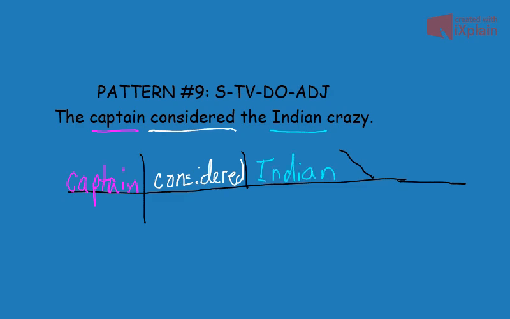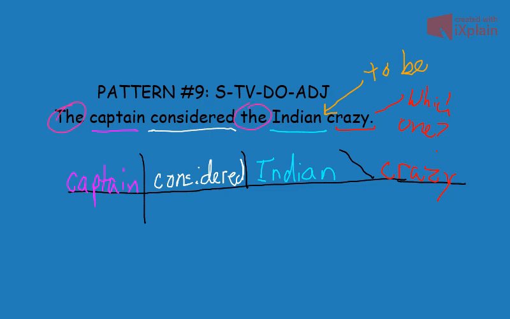The Indian. So therefore, Indian is the direct object. And he considered the Indian. Which Indian? The crazy Indian. So therefore, because it's answering the question which one, it is an adjective.